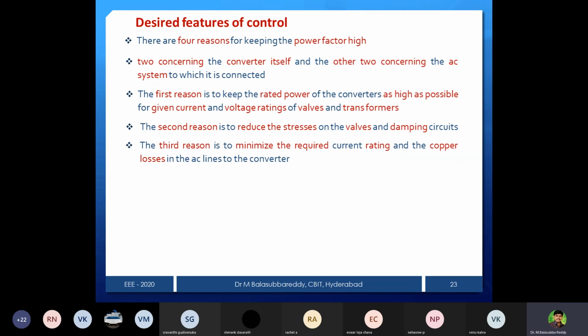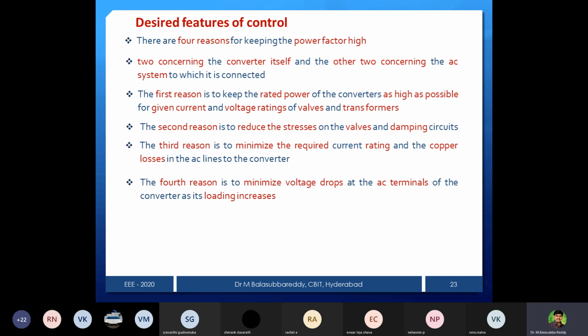To get the same power, with 0.8 power factor you may require more current with constant voltage, let us assume that. And if we keep it at 1 instead of 0.8, then automatically the current requirement will be less. So if that happens, automatically losses will also be minimized. That is the third reason.